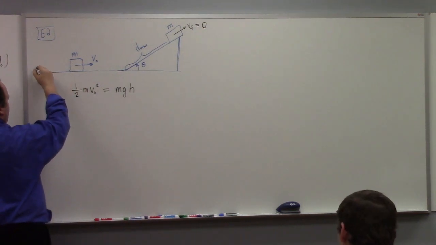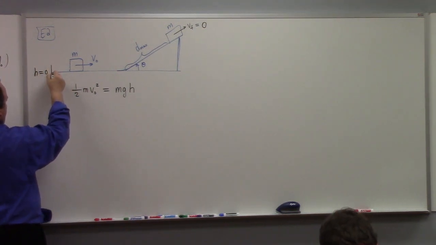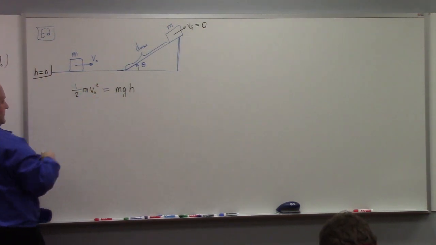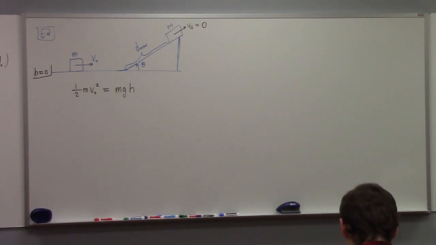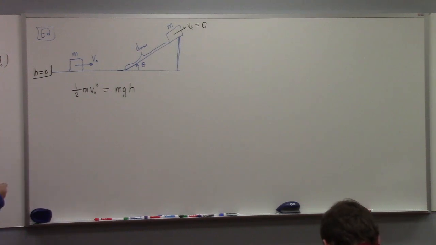By convenience, I put it right here, at the start. I have this freedom to choose the potential energy to be 0 wherever I want, although I can only do it once in a given problem. I can't make potential energy 0 at two different spots. That won't work.